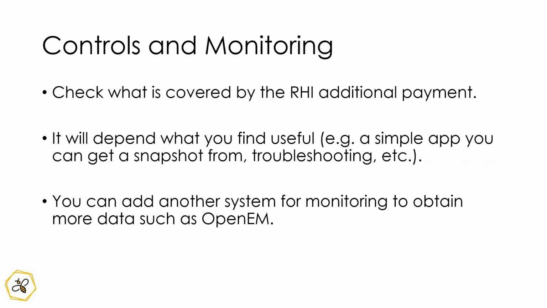So if you're going for the renewable heat incentive, you can go for additional grants that cover the monitoring and metering. So your installer will be able to advise on that. And you can use Tristan's OpenEM components if you're interested in more detail and just monitoring for your own purposes.